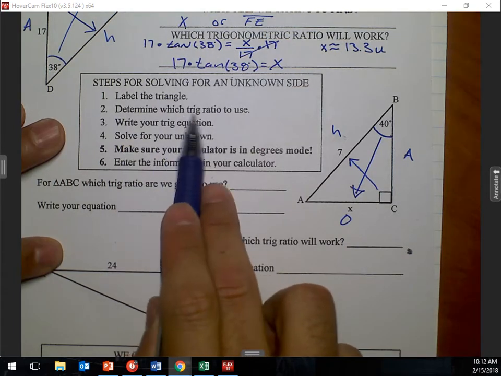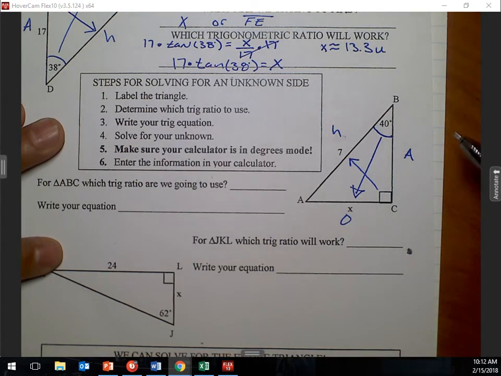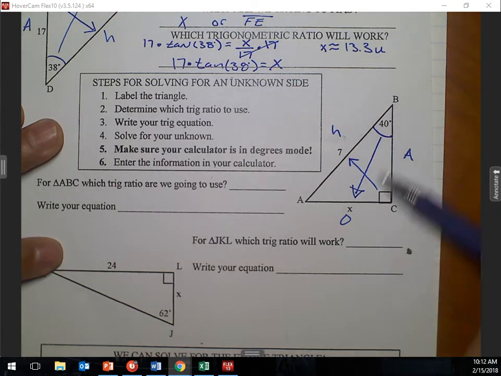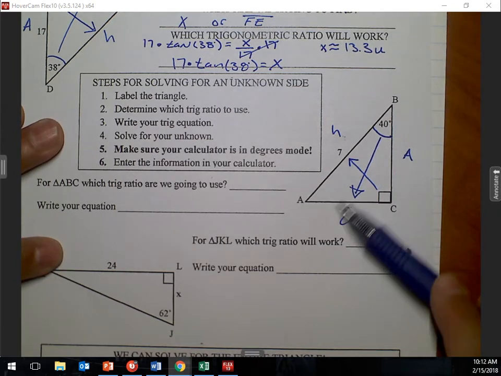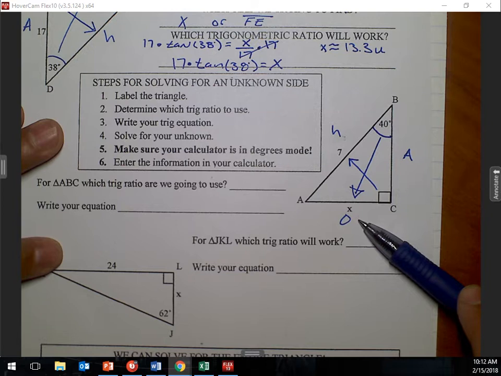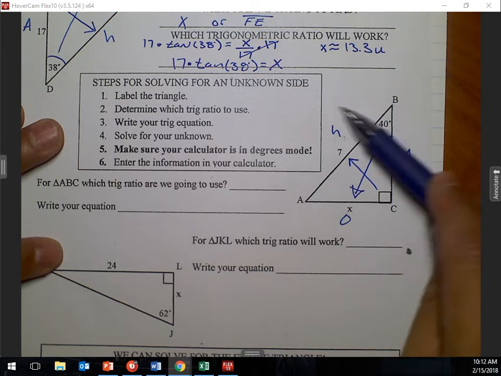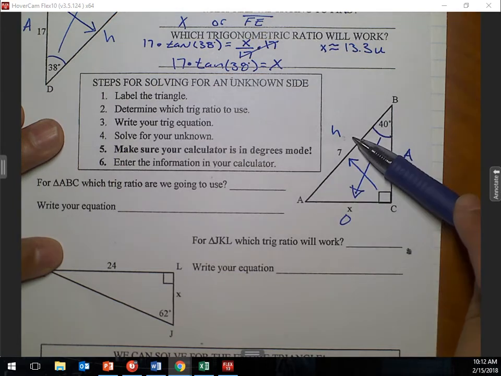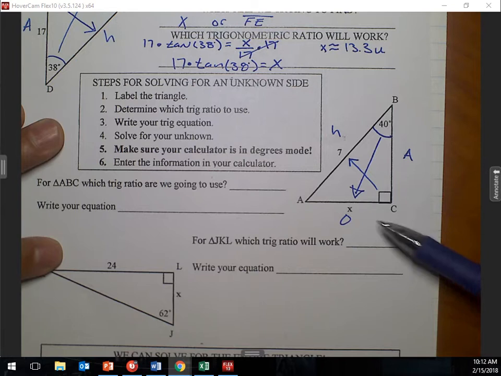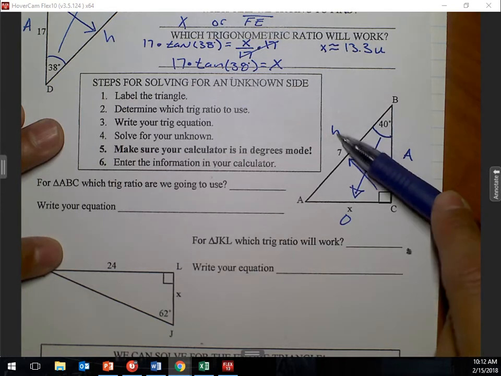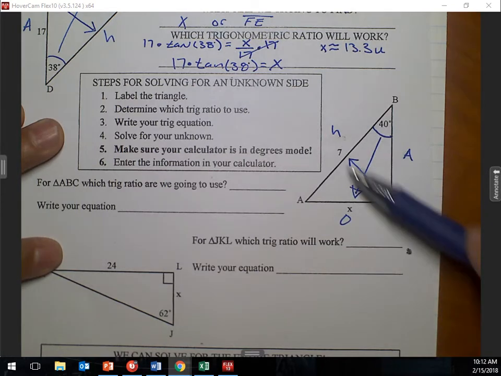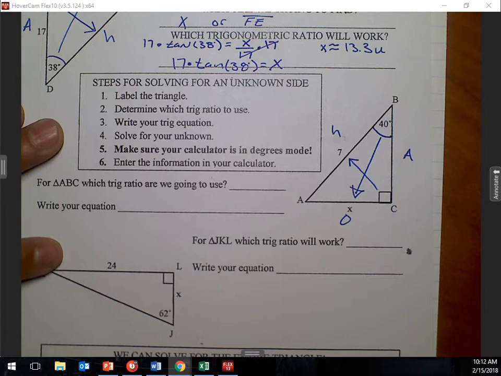Determine which trig ratio to use. Now, let's look to see. I'm looking for the opposite, and I have the hypotenuse. So what ratio uses opposite and hypotenuse?